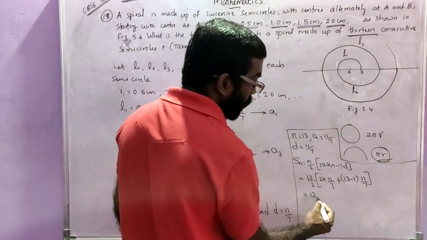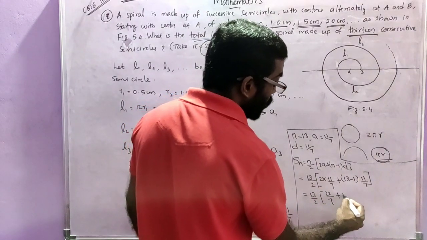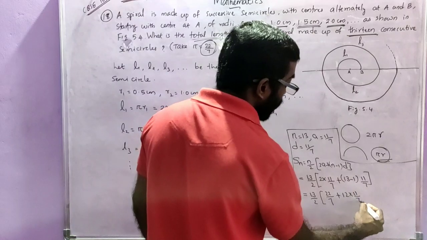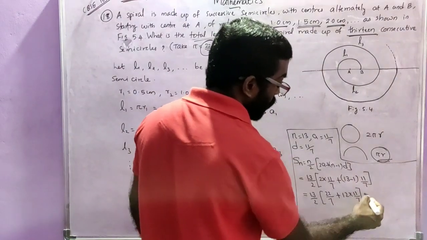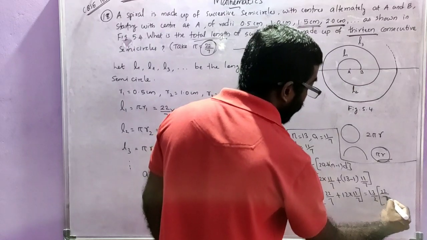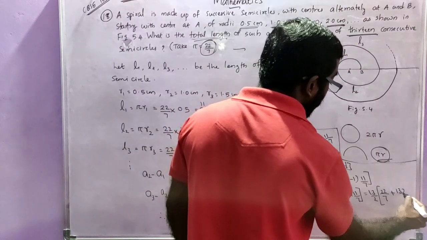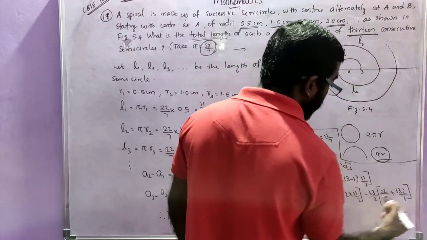That is 13 by 2 into 22 by 7 plus 12 into 11 by 7, which is equal to 13 by 2 into 22 by 7 plus 12 into 11. 12 into 11 is 132 divided by 7.